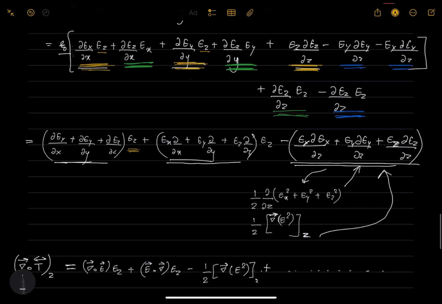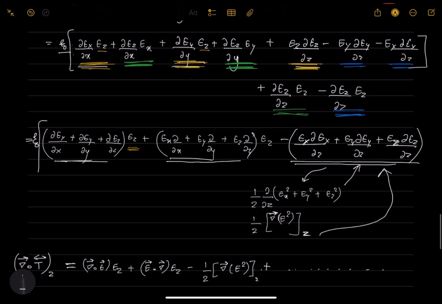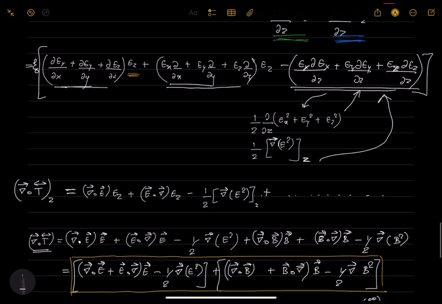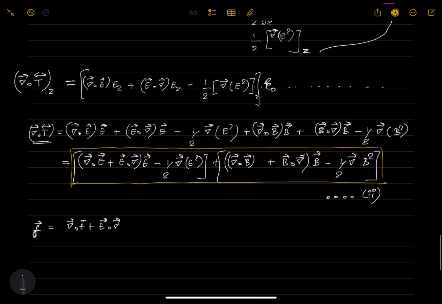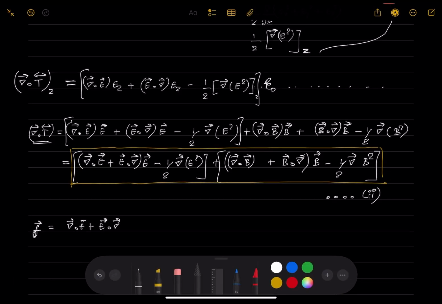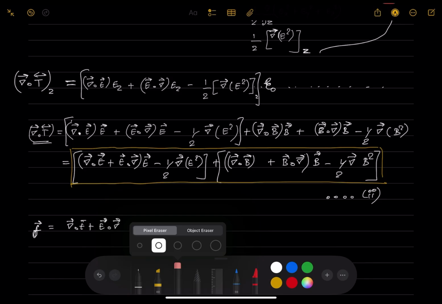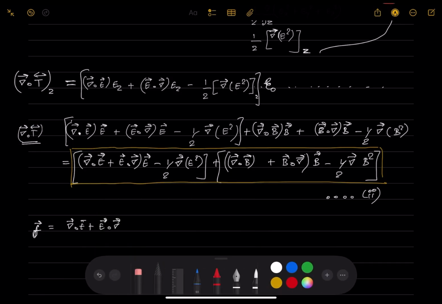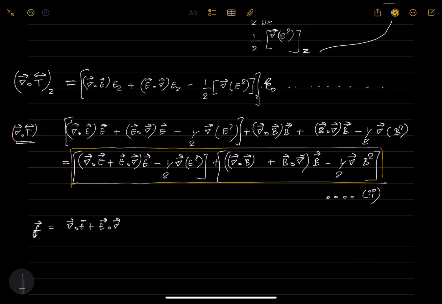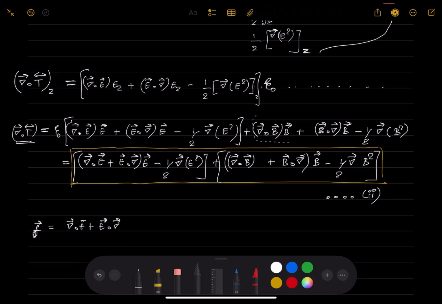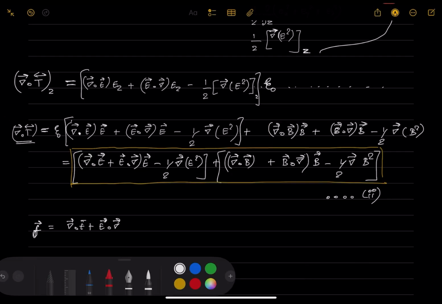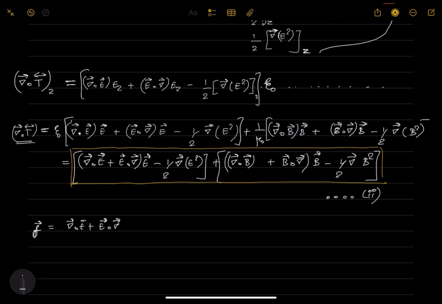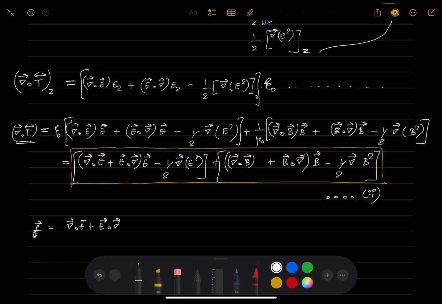We had an epsilon naught factor for the E field terms, and this is actually a common mistake that people make. They drop out the factor when they're hurried. And we've got the 1 over permeability factor for the B field, right? We've actually missed out the factors here.